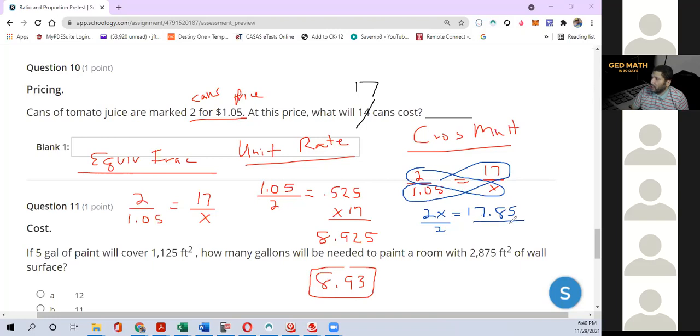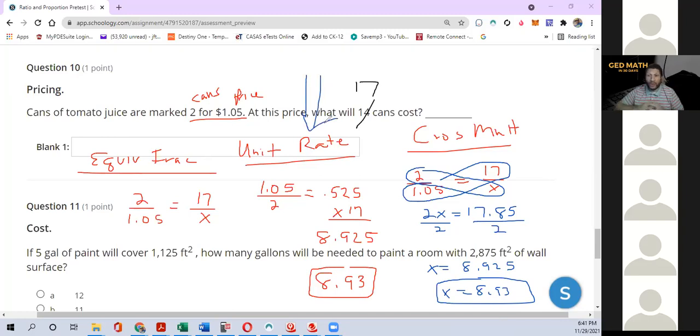Then divide both sides by 2, and we get x is equal to 8.925. Then we round off to 8.93. The reason I picked this example is because I told you I want you to try equivalent fractions first. Well, there's no whole number I can multiply 2 by to get 17, so equivalent fractions wasn't the best way. For this one, I think the easiest way would be unit rate.